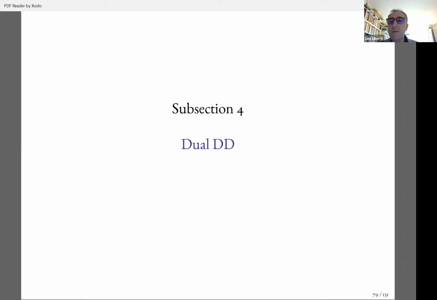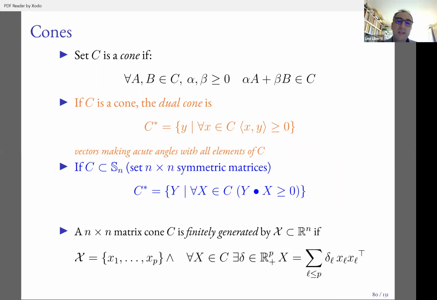All right, so let's see what happens now if we look at dual cones. A set C is a cone if for any two elements of the cone, the affine combinations of the two elements are again in the cone.